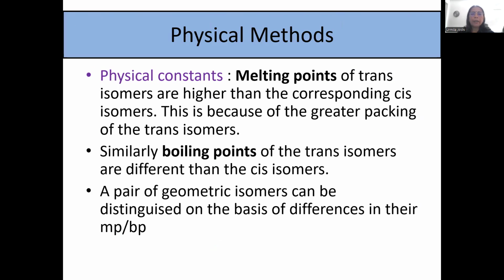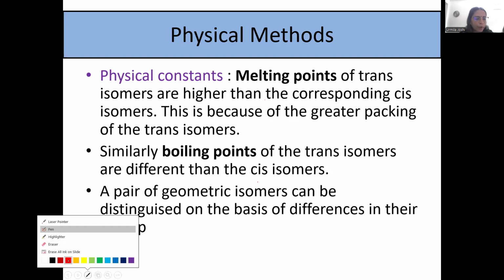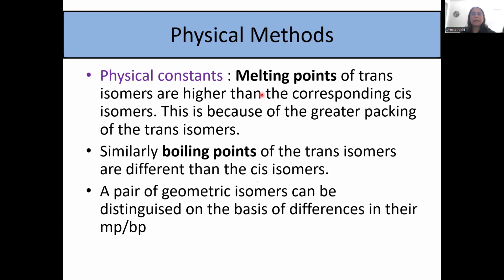See, melting point of a trans isomer is always higher than melting point of a cis isomer. Just try to understand how. The cis isomer is loosely packed. There are greater spaces in between two molecules, and because of this, the melting point is slightly lower.